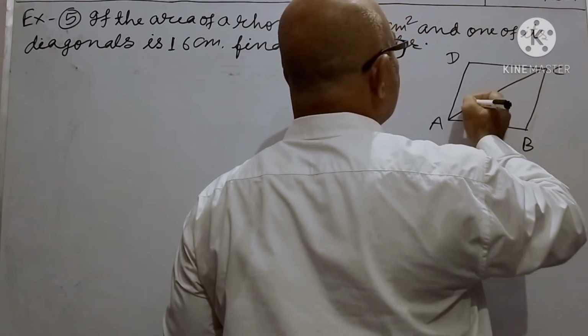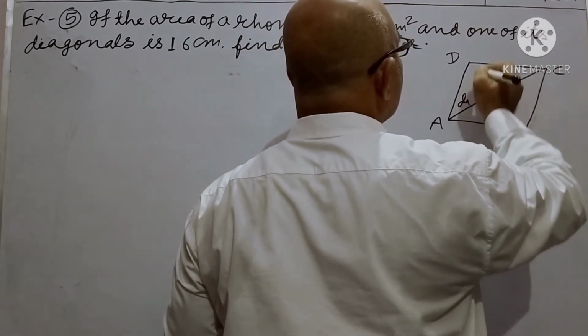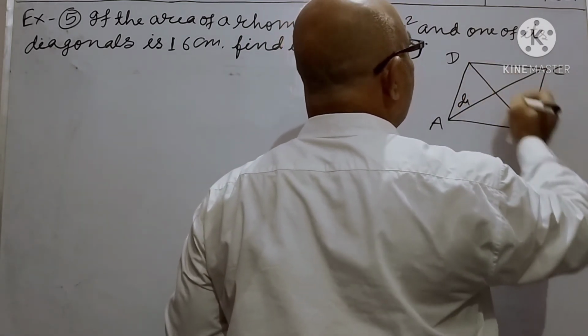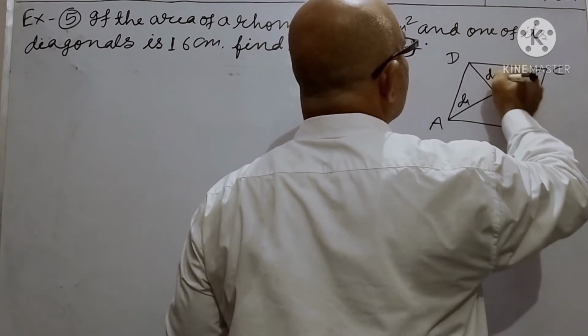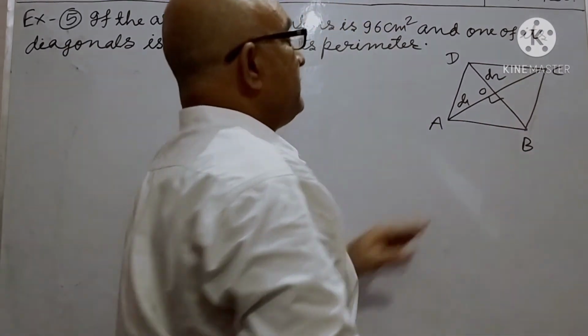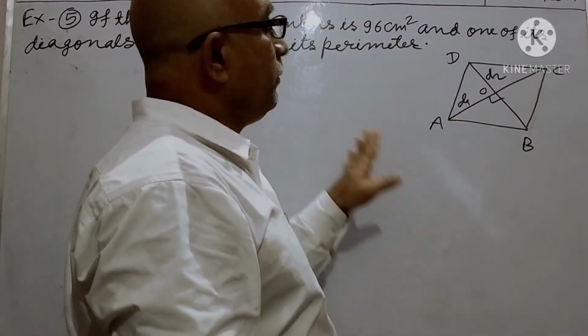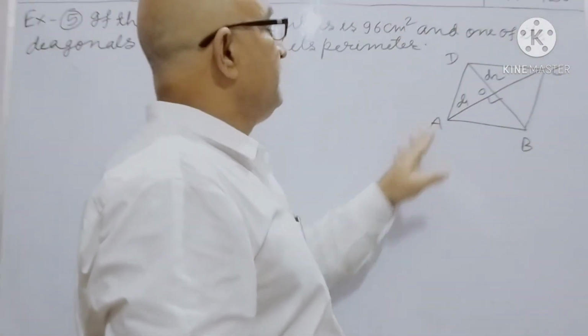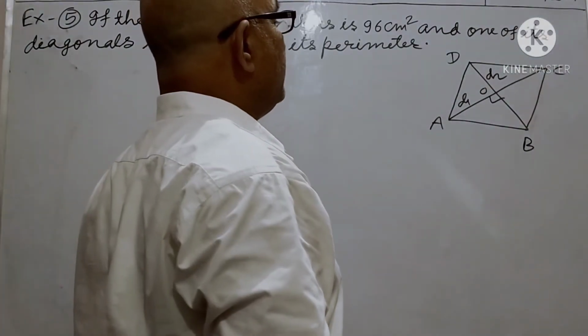One diagonal is D1 and other diagonal D2. Diagonals intersect at point O. We know that diagonals of a rhombus bisect each other at right angle.